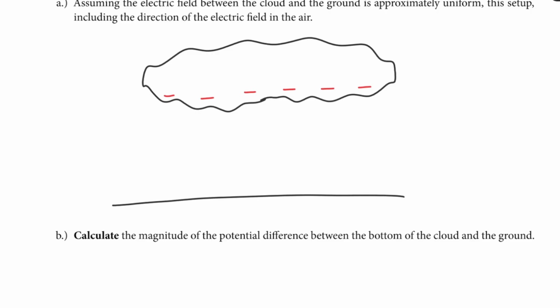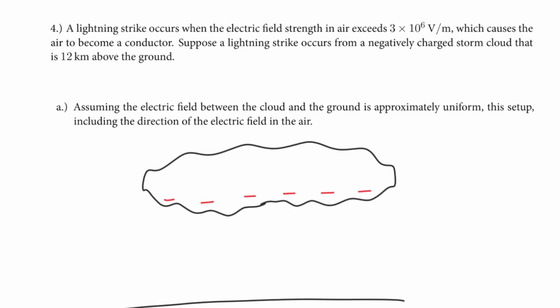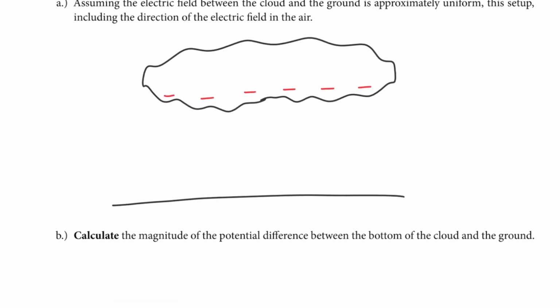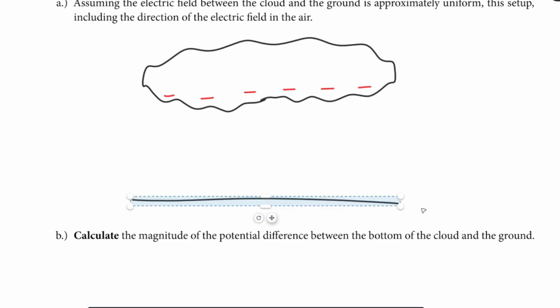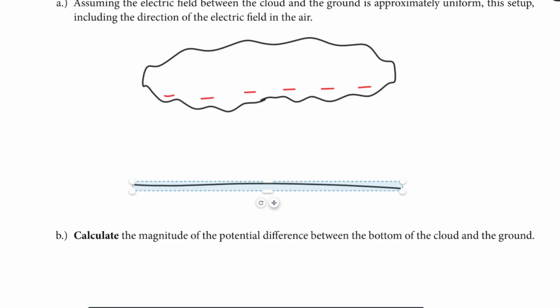And as a result, this can be modeled as a parallel plate capacitor, because if you have a bunch of negatives above something that is less negative, well, that is creating a capacitor, because relative to this cloud, the ground is positive. Even if it's not a net positive charge, it's still positive relative to the cloud.